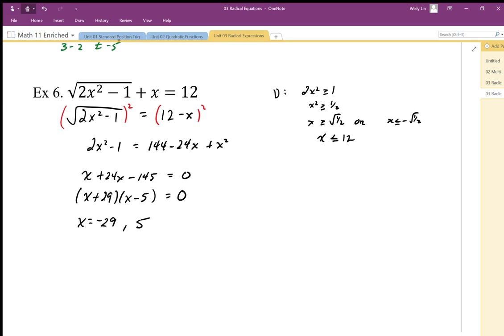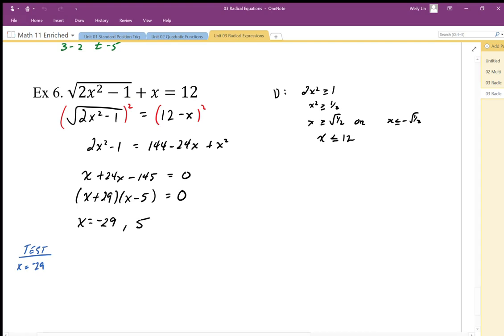So let's go ahead and test our solutions. This is much easier. We're going to test x equals −29. Plugging in x equals −29, I don't know what −29 squared is, but we have a calculator for that.